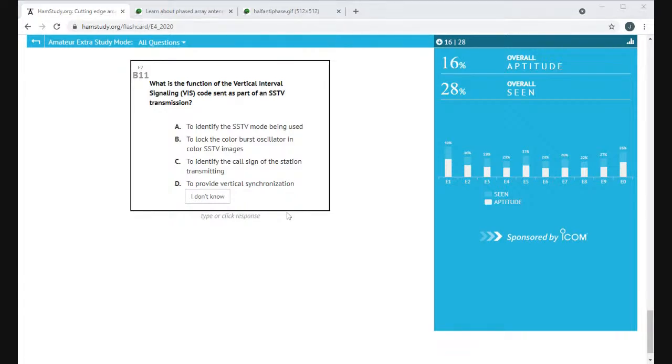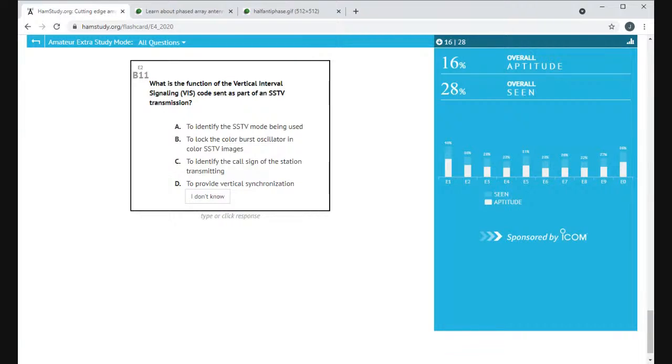What is the function of vertical interval signaling (VIS) code, which is part of an SSTV transmission? A, to identify the SSTV mode being used. B, to lock the color burst oscillator in color SSTV images.